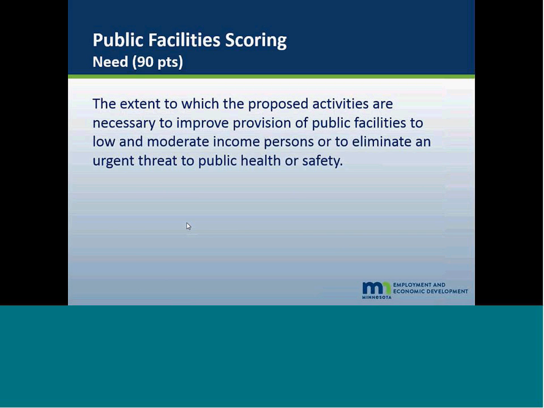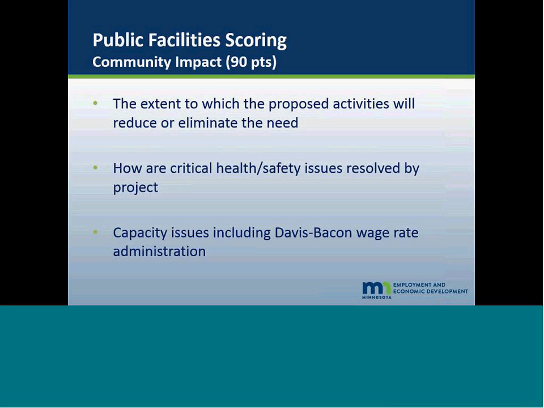The public facilities scoring. So on the activities, how it is necessary to improve your public facilities to low and moderate income persons and net threat of public health and safety. It's pretty much simple there. It explains everything. The extent to which the proposal will reduce the need.